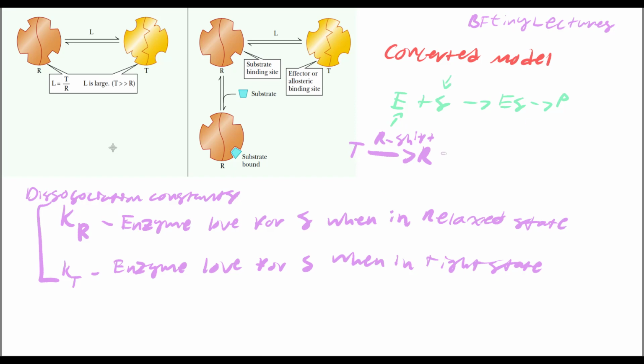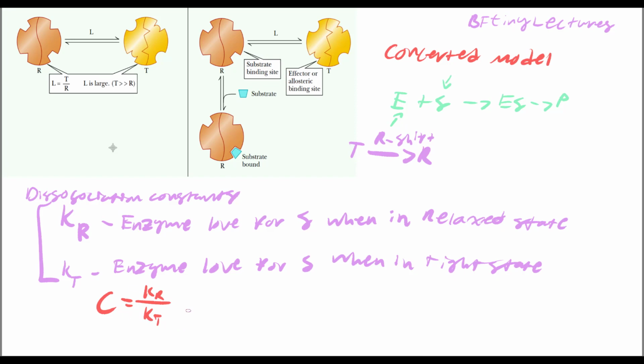I think that's pretty cool. We can actually make another equation, and we can say that C is going to be the ratio of the dissociation constants, right? And you'll see why this plays a huge factor. So we have Kr divided by Kt is going to give us C.